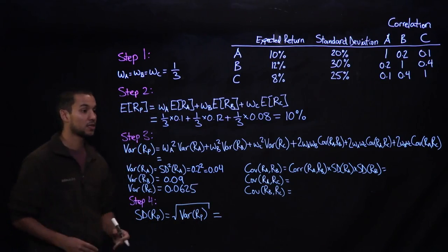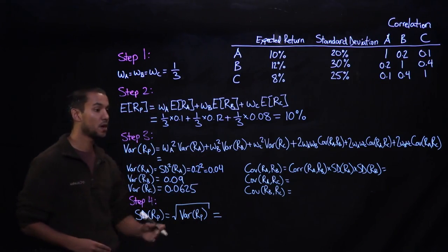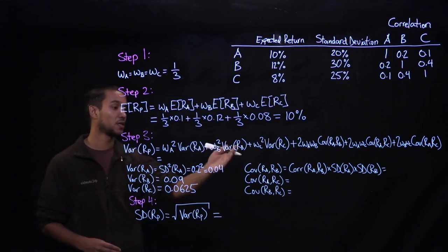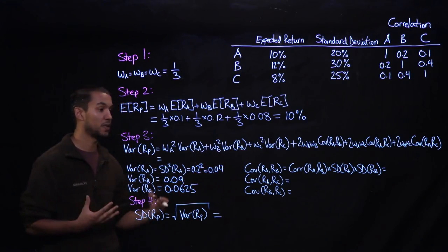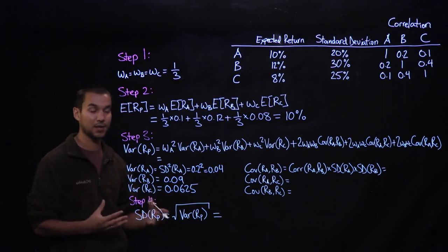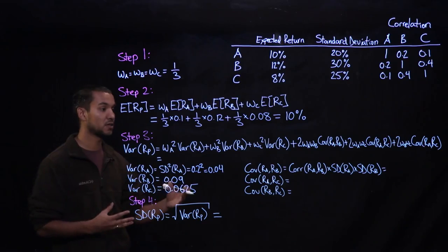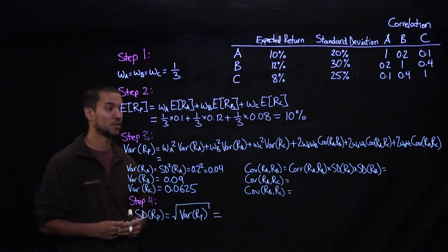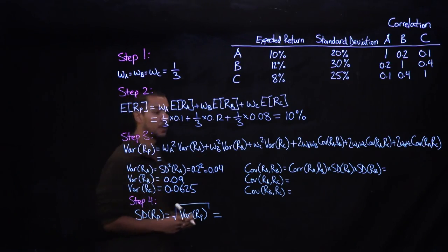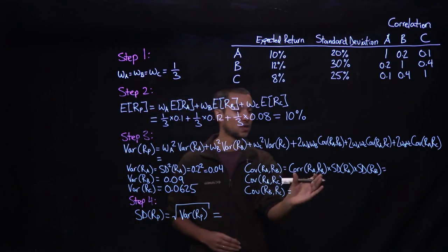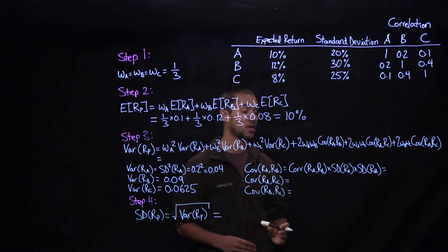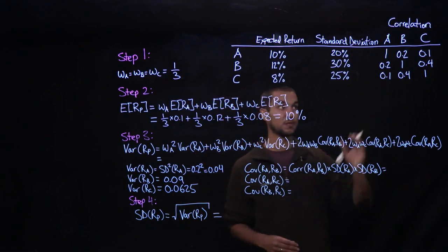Next, let's calculate the covariance terms. Recall that the covariance between stock A and stock B is going to be equal to the correlation between stock A and stock B times the standard deviation of stock A times the standard deviation of stock B. In this case, the correlation between stock A and stock B can be found in our correlation matrix.